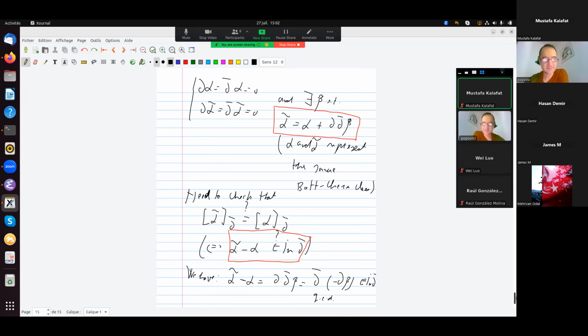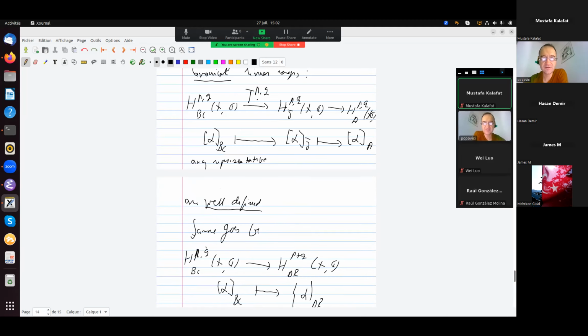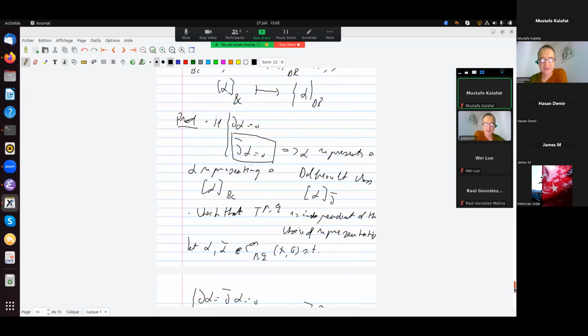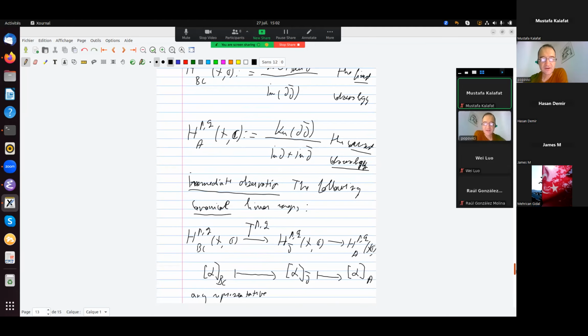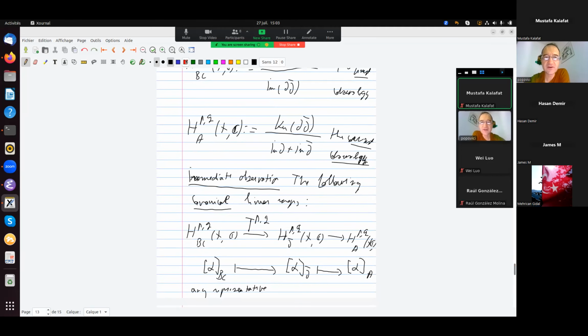This is the proof of the fact that the map from Bott-Chern to Dolbeault, based on TPQ, is well defined. And the other things are proved in the same way. Once again, let me stress something. This immediate observation holds with no assumption on the manifold.